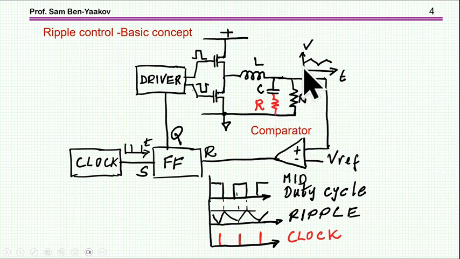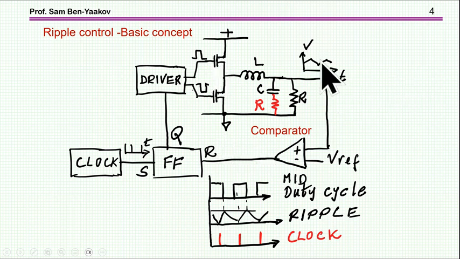So we have this ripple, and this ripple now is compared by a comparator to some reference level. The flip-flop turns on the transistors, or the upper transistor I should say, when the clock is on. We have a clock here which is running like in a peak current mode, the continuous clock, the switching frequency, short pulses that turn on the flip-flop, which turn on the upper transistor in this case.